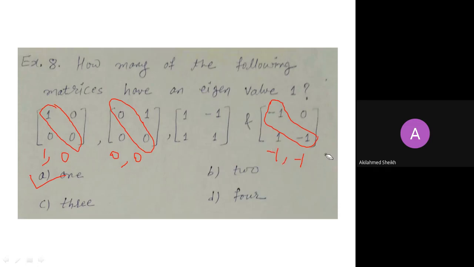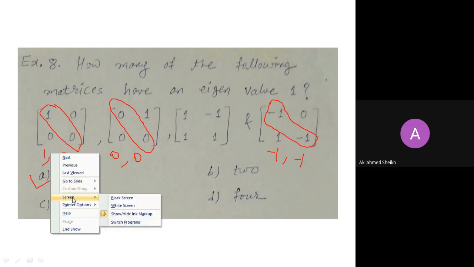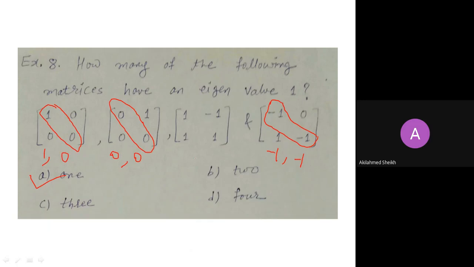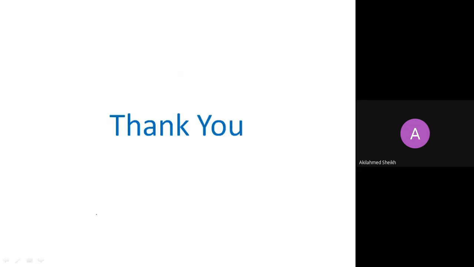In this case, you can directly find the values by using rough calculations, and you will get the answer. Here only the first matrix has eigenvalue 1, and the other matrix has eigenvalues 0, 0. This matrix has complex eigenvalues. These are all minus 1, minus 1. Which means the answer is A. Option A. Thank you.